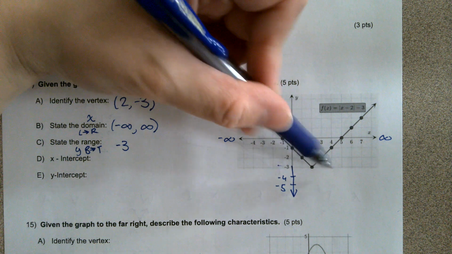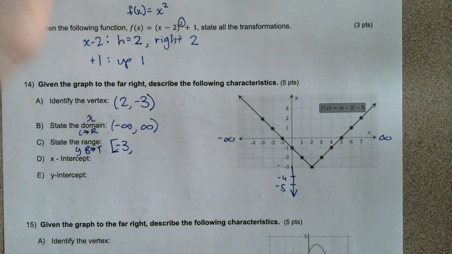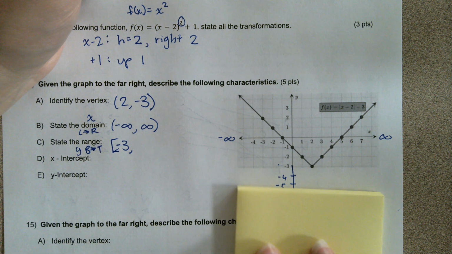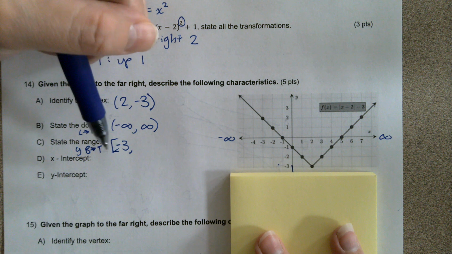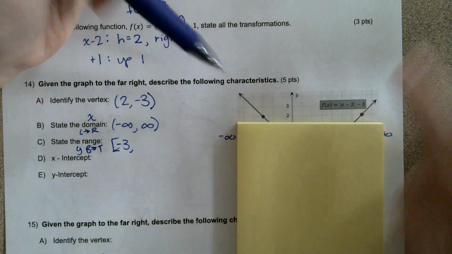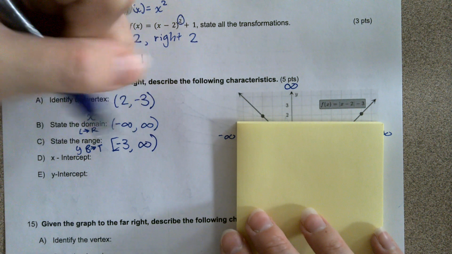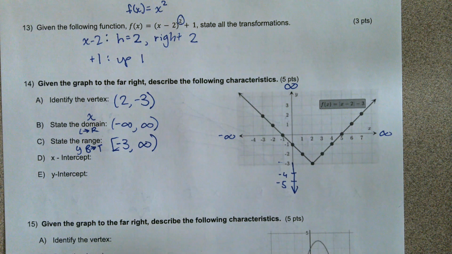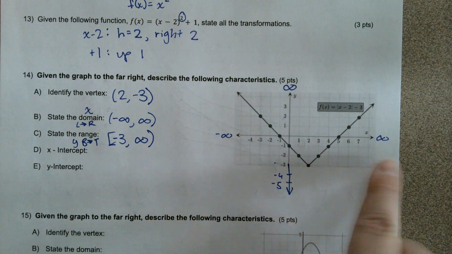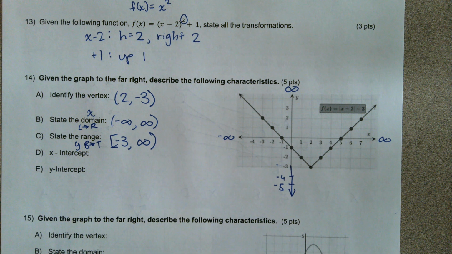There is a solid point at -3, so we do have a bracket. I can use the Post-it note to demonstrate. We start at the bottom, work our way up. Graph doesn't start till -3. And then we follow it up, and both arrows point up towards positive infinity. So it's -3 to infinity. Make sure you're writing this in order from smaller number to larger number. Don't flip these, that would be wrong.